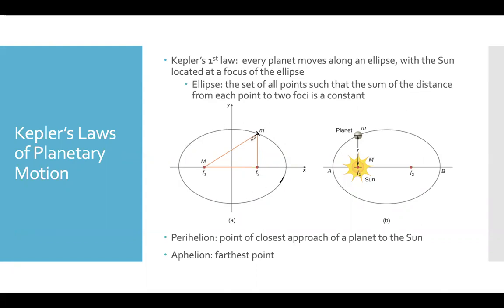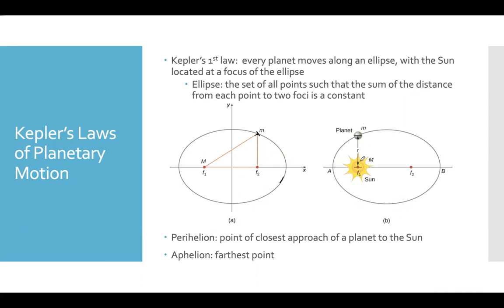Now, this is, of course, definitely more extreme than what we see, but it is noticeable enough for us to measure it. If we look at the sun over here and whatever planet is orbiting the sun, we see that we have this same situation.